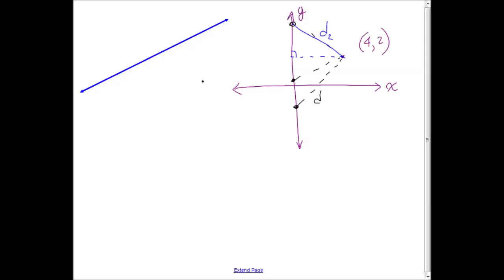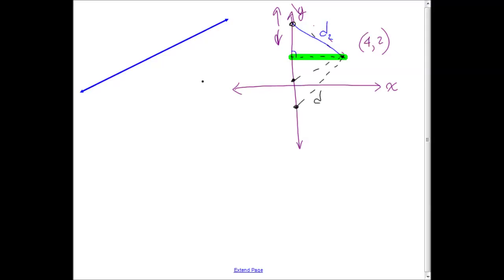Thus, it has to be the longest side of that right triangle. Well, if I move this point around, either up or down, does that distance get larger or smaller? Hopefully you'll realize that as I move it up, that distance is going to get longer. If I move it down, it's going to start to get shorter. And it's going to get shorter until I get to this point right here.